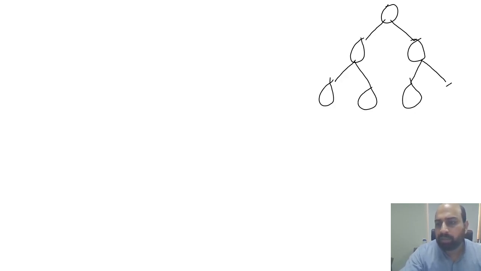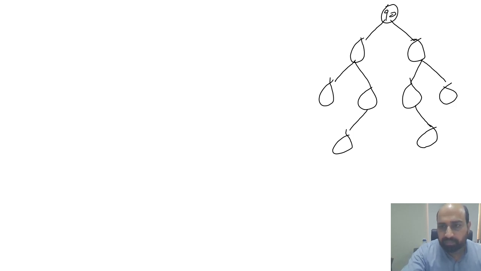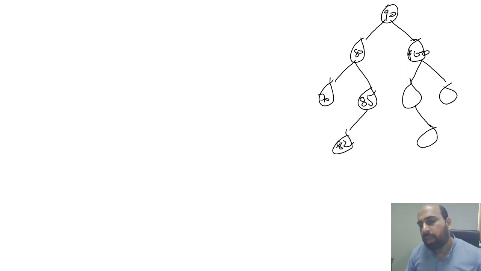For example, if you have a tree something like this, with some elements here and some here: this is 90, this is 80, this is 90, this is 100, this is 70, this is 85, this is 82, this is 95, this is 120, and this is 97, right?